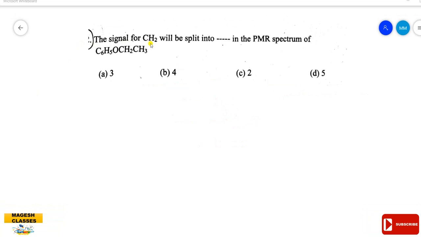Question number 2. The signal for CH2 will be split into dash in the PMR spectrum of phenyl ethyl ether. In NMR spectroscopy, the splitting pattern is given by the formula n plus 1, where n is the number of neighboring hydrogens.